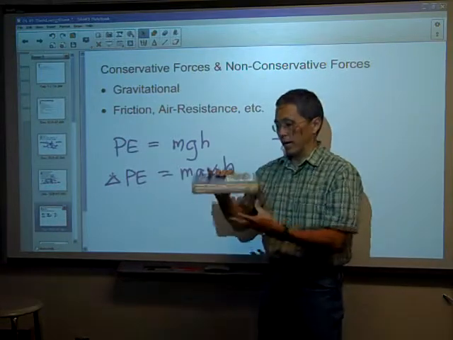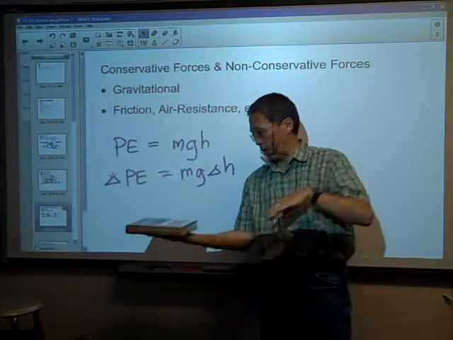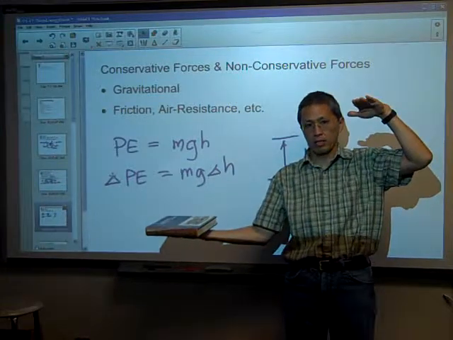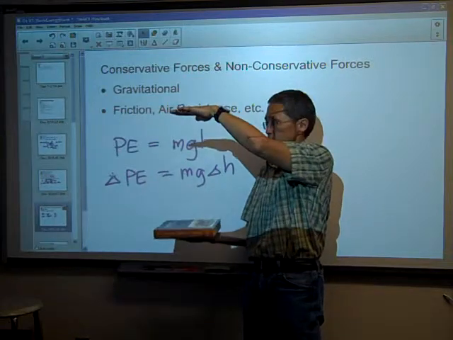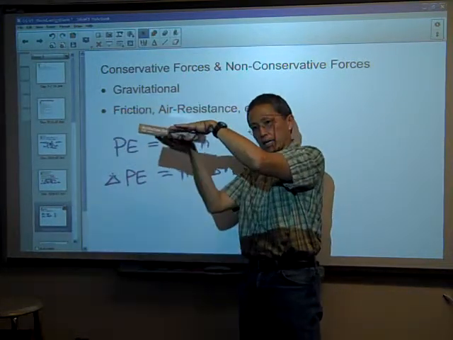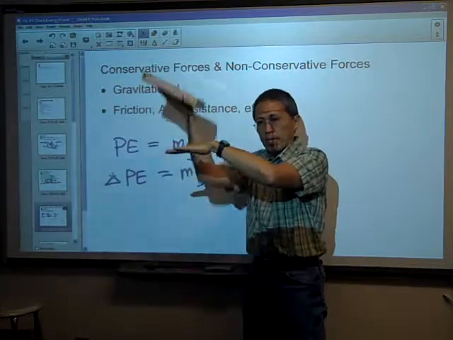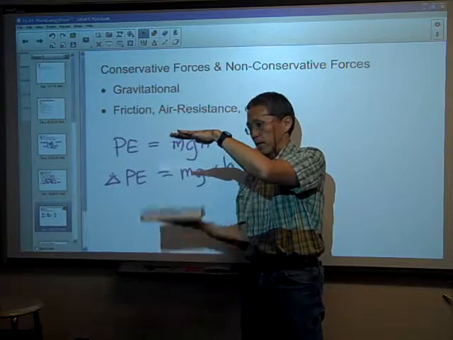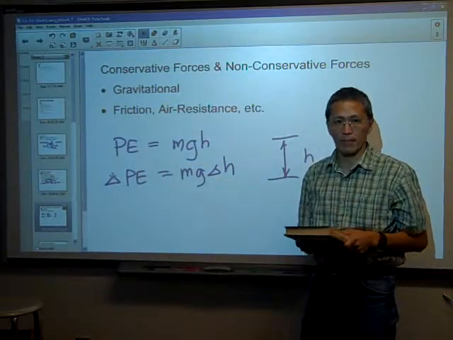If I have an object like this book, it doesn't matter how I get that book from here to here, or from here to here. Whatever the path I take, whether I go this direction, or come down and then up, or up and then down, if I go from here to here, my potential energy change will still be the same.